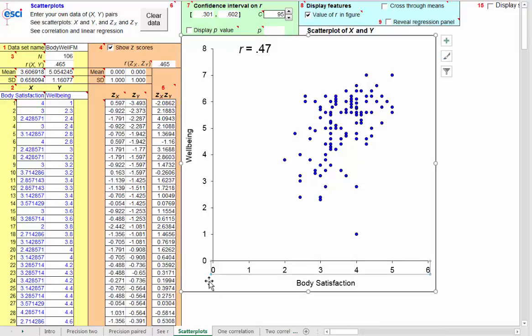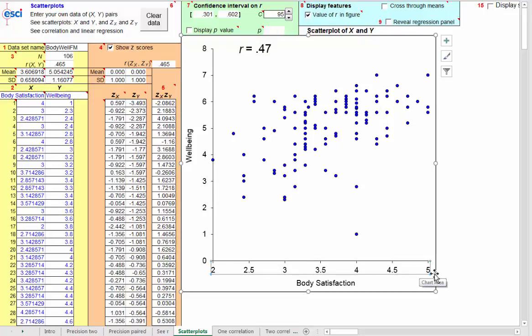So if I change this horizontal axis to be from 2 to 5 instead of from 0 to 6, then I've got the same points, the same correlation, and an eyeballed line that's much lower in gradient.